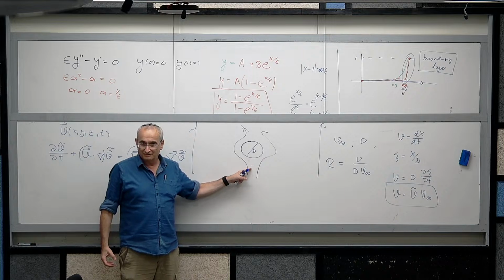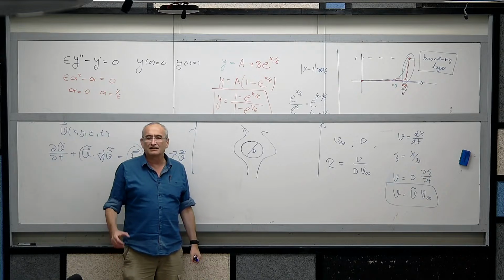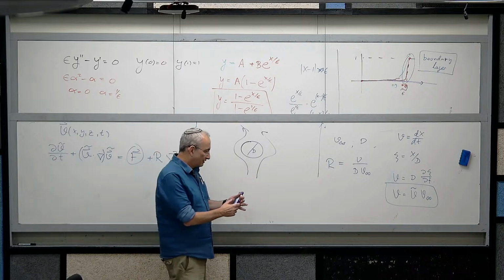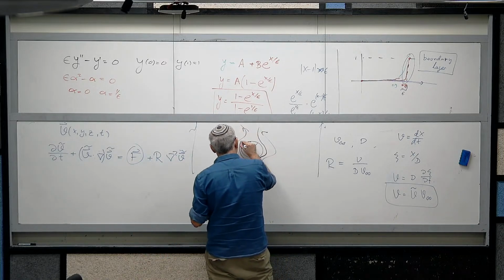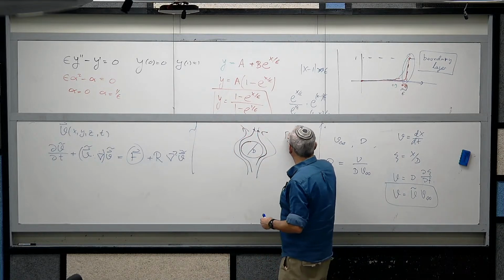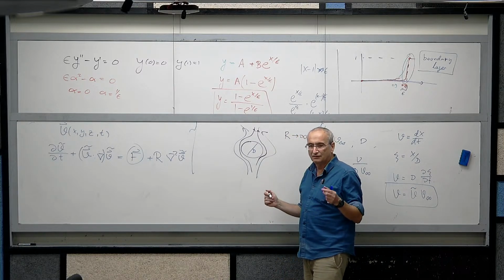And in that case, one can solve for the streamlines. Not one, Taylor solved for the streamlines, in the case when R goes to infinity, right? That's a very large Reynolds number.